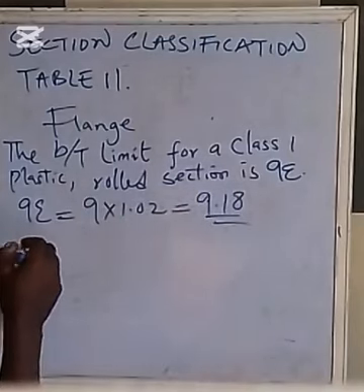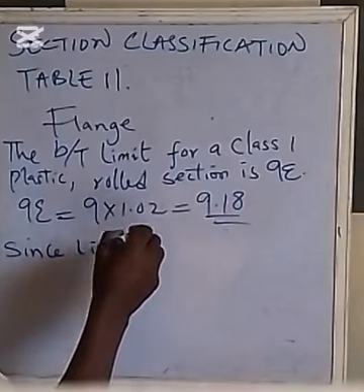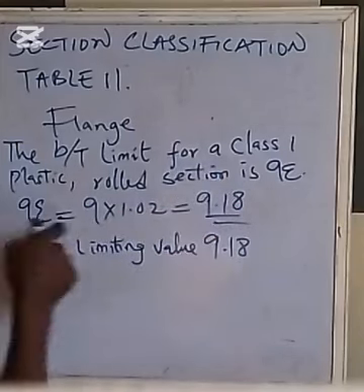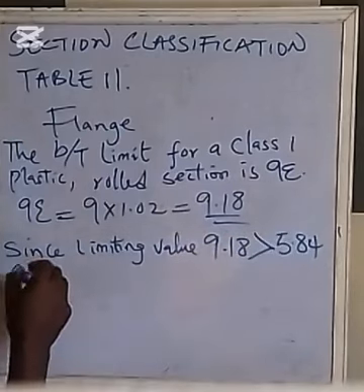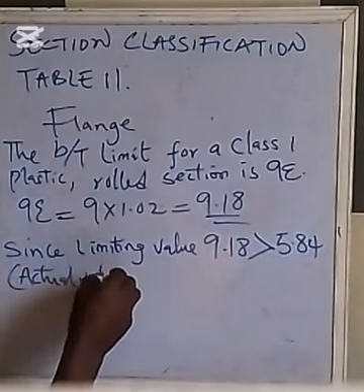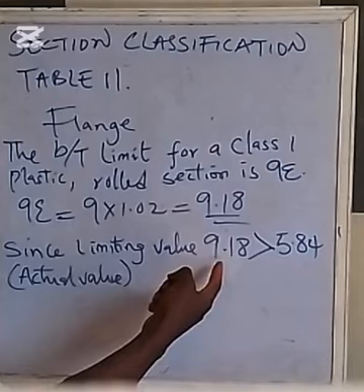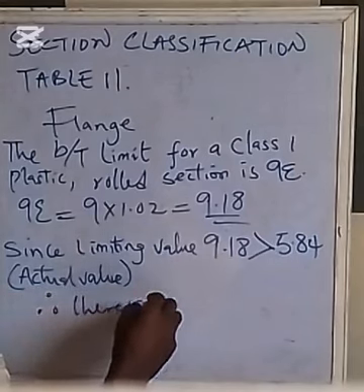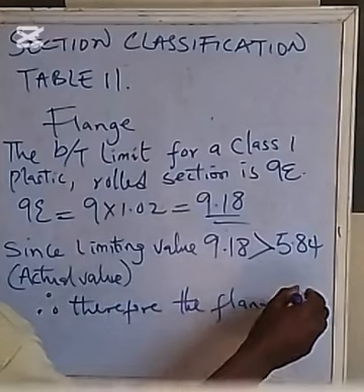So now, since the limiting value (9.18), which we just got from this, is greater than 5.84, which is the actual value of the ratio of local buckling for the flange, since this which we just calculated now is greater than that one now, we can therefore say that the flange is class 1 plastic.